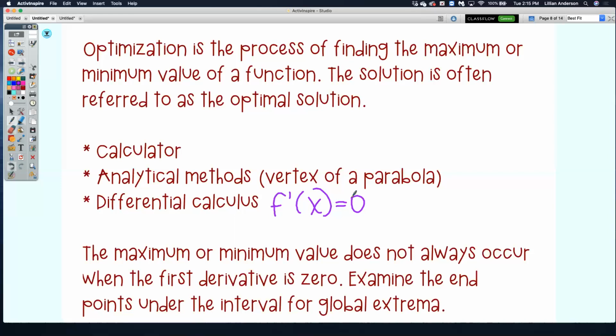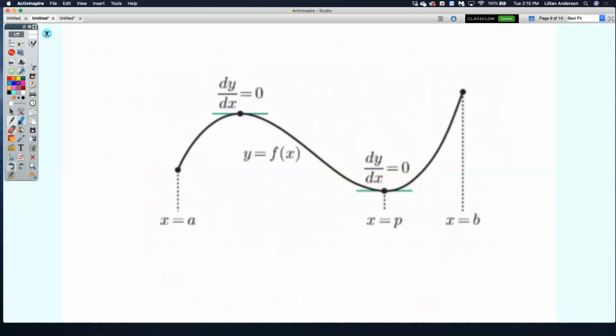Depending on the function and where your endpoints are, just because the first derivative equals 0 does not mean that this is the optimal solution. It is a max, but it's not the optimal one. In this particular case, this would be the optimal solution because it is higher than the other one.